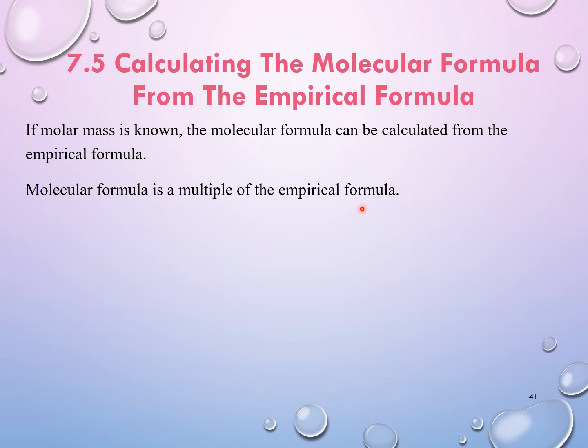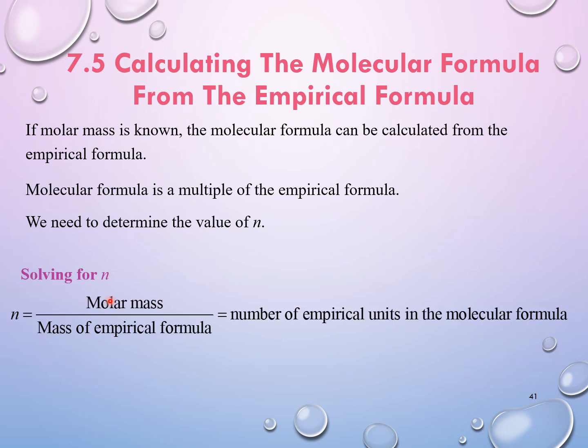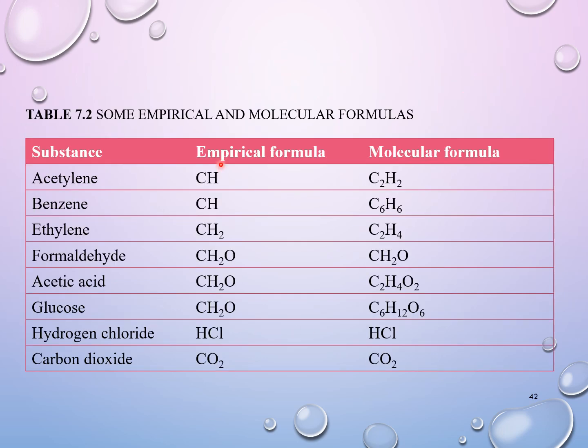Then you multiply the ratio with the empirical formula. That's the value of n. So you take the molar mass divided by empirical mass, you get the n factor, and then your empirical formula is multiplied by the n factor to get the molecular formula.